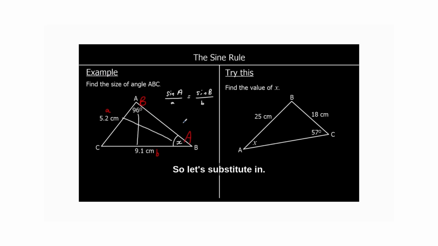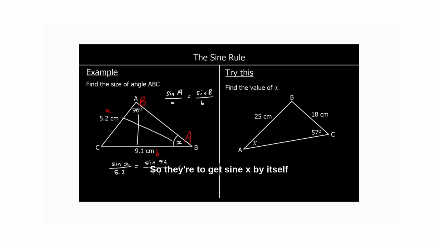So let's substitute in. So we've got sine x this time over its opposite, which is 5.2, equals sine 96, the other angle on top, angles are on top this time, over its opposite, which is 9.1.